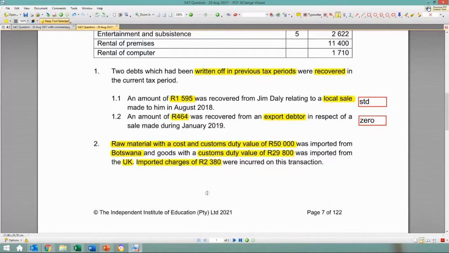Okay, so Alzana says we take the consideration plus 10% times 15%. Okay, so Alzana, you're on the right track. There's something you need to look out for first before you can give me an answer. We first need to look at what country it comes from. Remember, when we do importation, we have to look at whether it's a BLNS country or not.